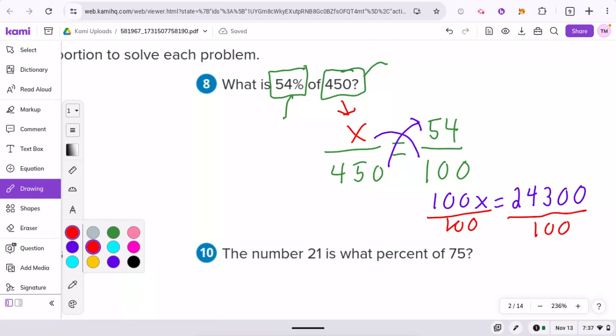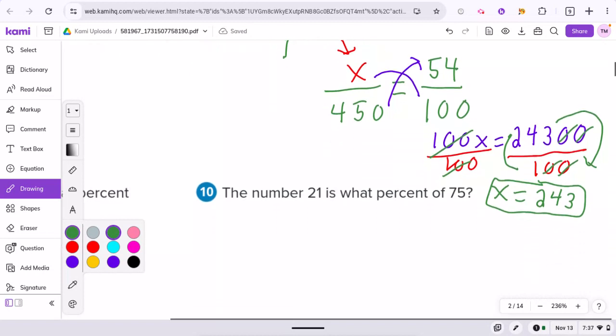Hundreds on this side cancel. And I'll do a shortcut over here on the right side. If you're dividing 24,300 by 100, you could just cancel some zeros. Cancel, cancel. 243 divided by 1 is 243.